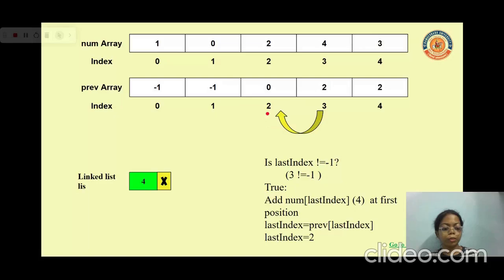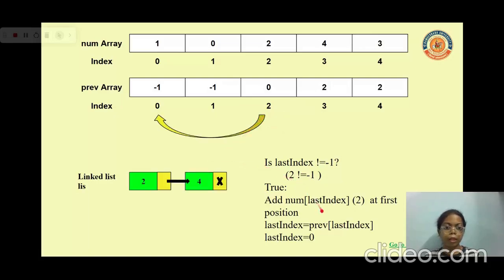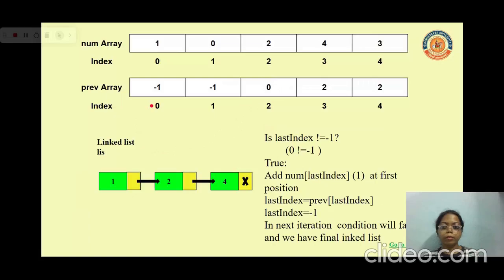We will move to the second position and add the number at the second position to the first position, which is 2, and again we will update last index with 0 here, and the number at position 0 is 1, and here I am getting minus 1, that is, there is no previous element to this element.